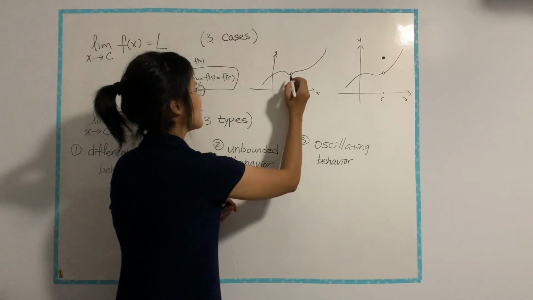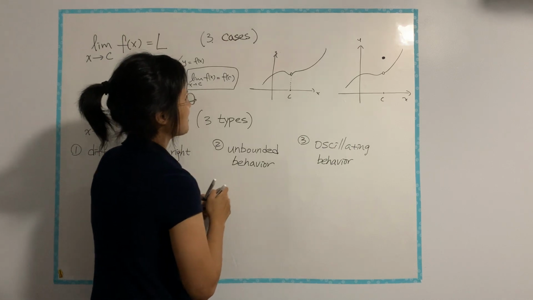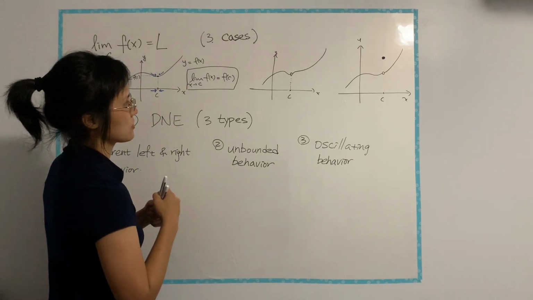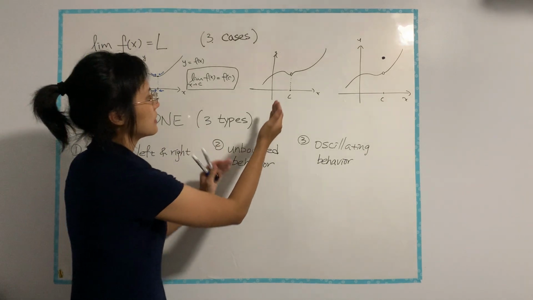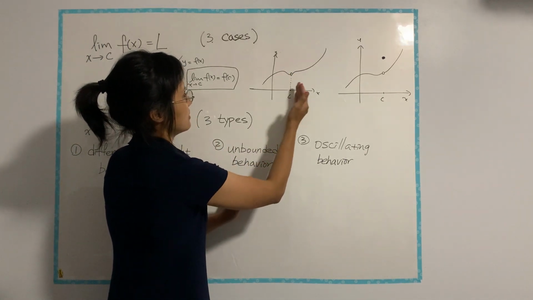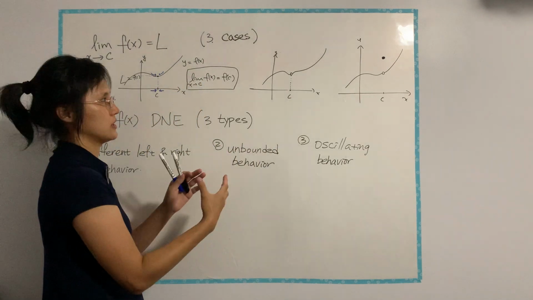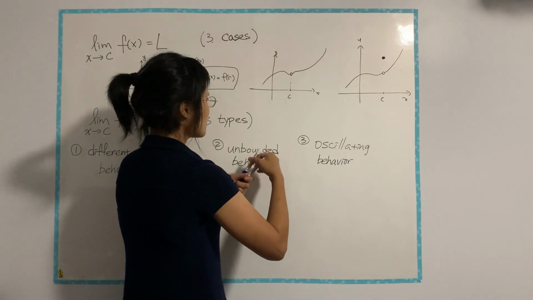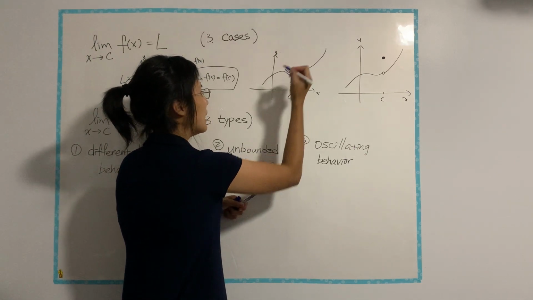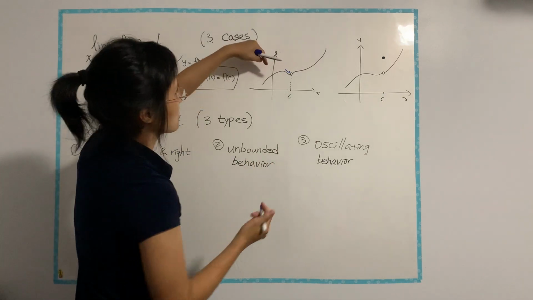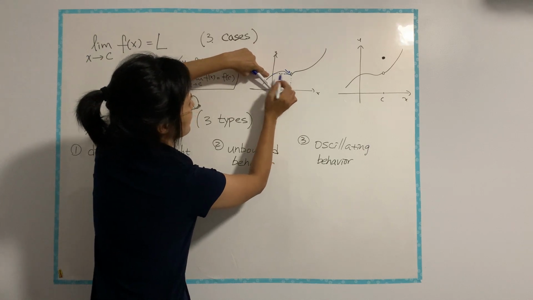However, that does not prevent me from finding the limit of f when x approaches c, because the limiting value is about the nearby behavior, not about what happens at f of c. That's the key notion about limits. Again, I look at what happens when x approaches c from the left-hand side. You can see it approaches this value, whatever it is.